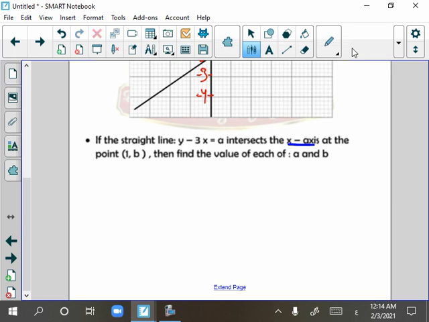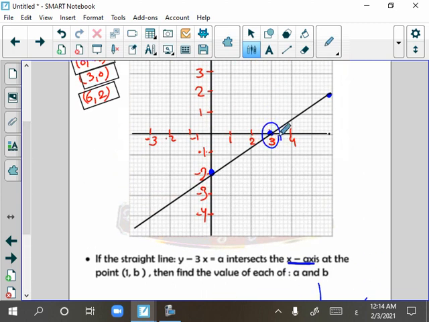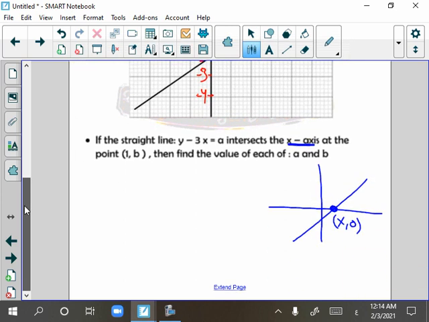When we draw two axes, any straight line that intersects the x-axis will be at x and 0, like the previous example, here, 3 and 0. Then when 1 and b intersect the x-axis, b must equal 0.